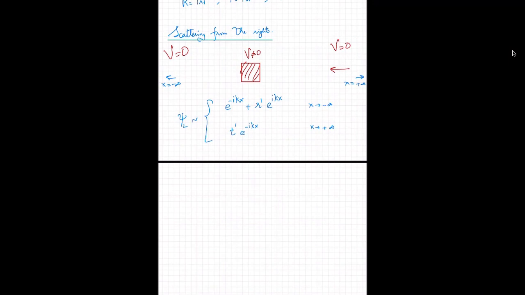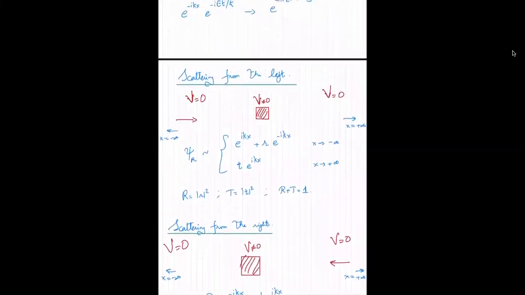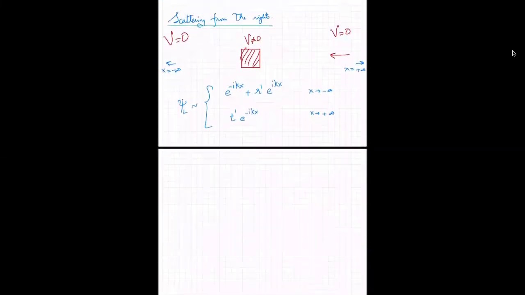Now, you might actually wonder why we have to do it both times. Suppose the potential cannot tell left from right; there should really be no difference, right? Whether I throw things from the right or throw things from the left. In other words, the reflection and transmission coefficients that I computed throwing things from the left should be the same or almost the same as the ones I get throwing from the right.